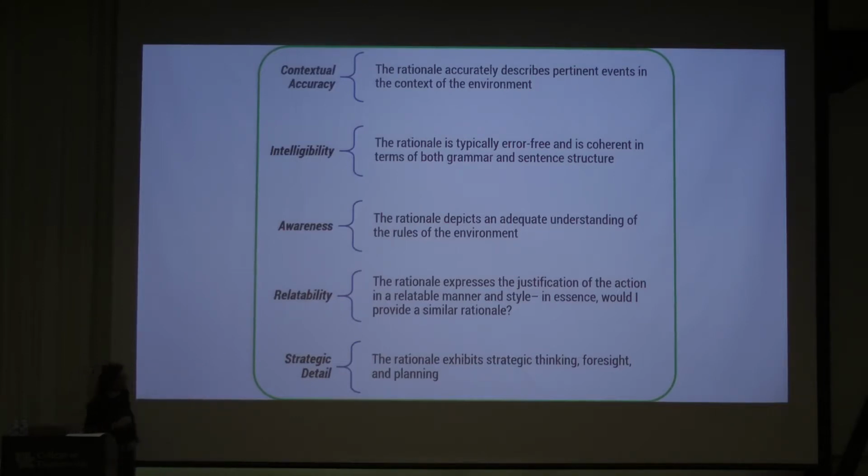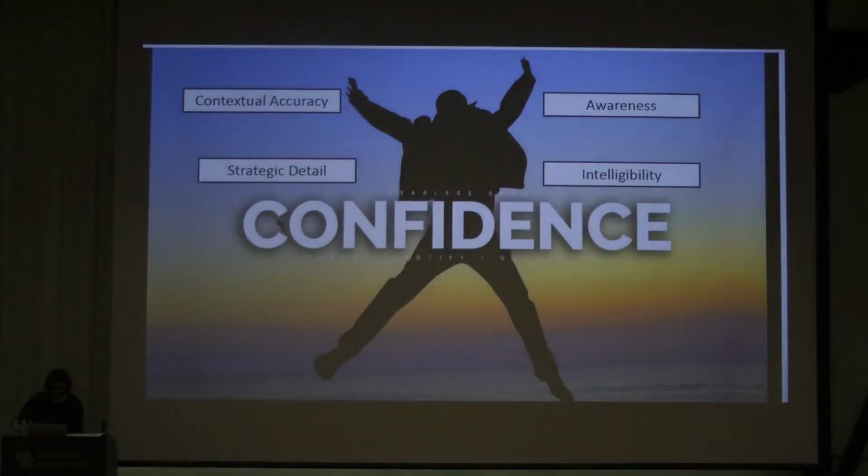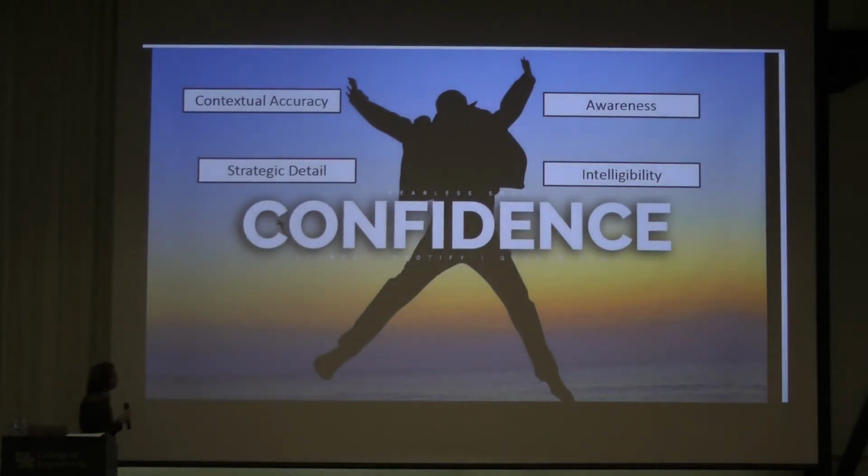So now what I want to do is unpack each of the questions that we asked with respect to these and give some fun examples of some of the things that people said. We're going to start with confidence. There are four factors that primarily affect confidence. Given an explanation, how confident are you in the agent's ability to perform its task? Those factors are contextual accuracy, strategic detail, awareness, and intelligibility.